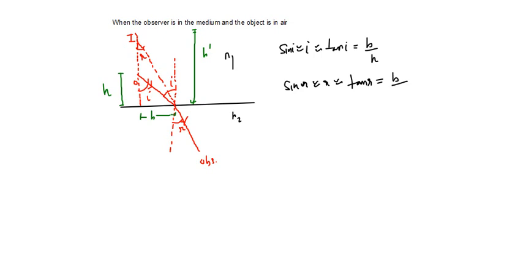b by h dash. Using Snell's law I can write sin i by sin r will be equal to how much?